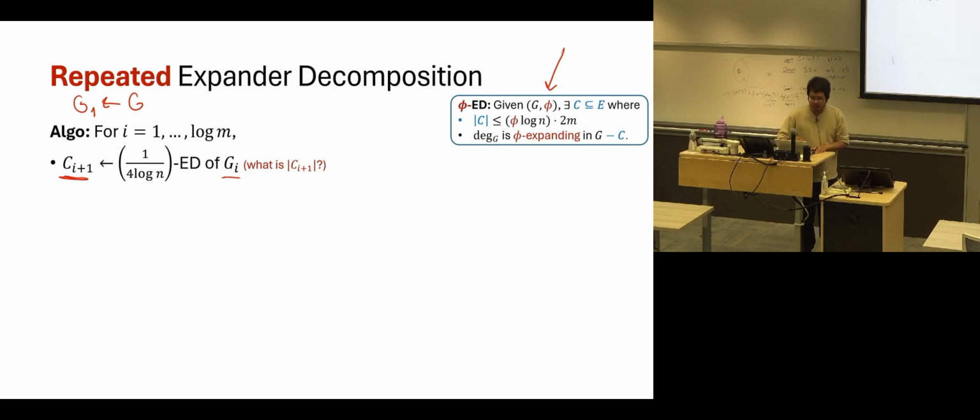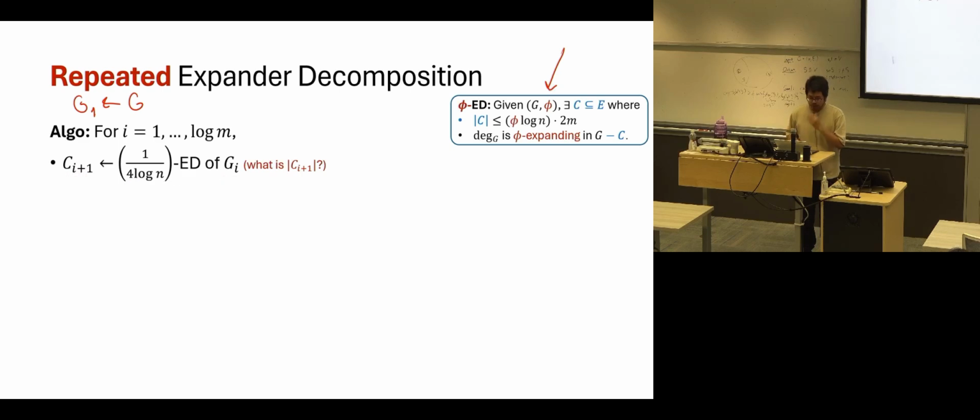I compute C_{i+1} to be something like a 1 over log n expanded decomposition for G_i. Where n is the number of nodes, because we don't reduce that.